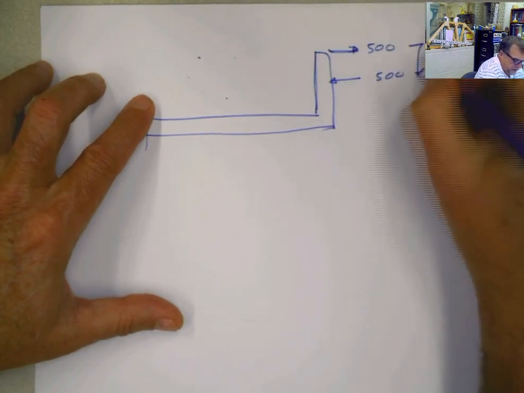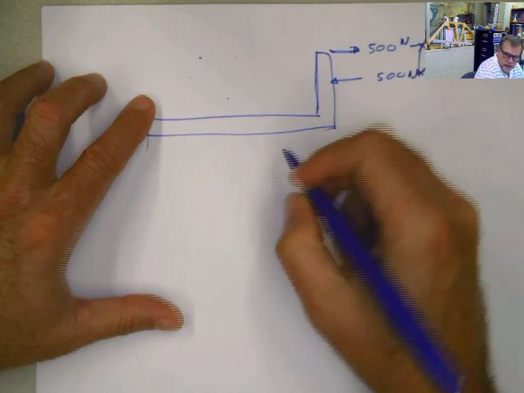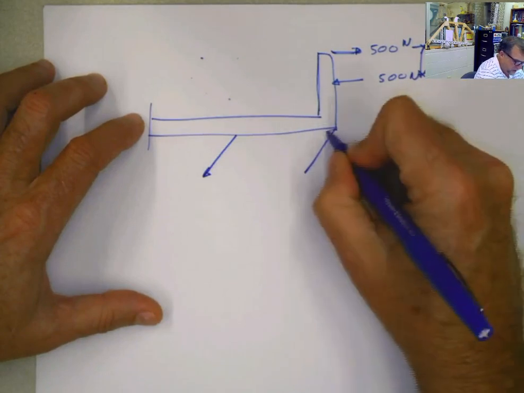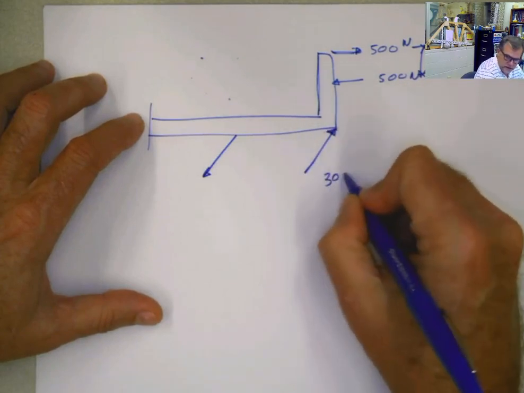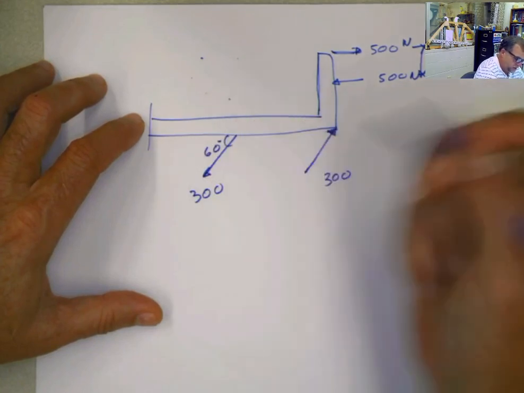This distance is given as 2 meters, and this is Newton. And then on top of that, I have this one here, and I have this one here, and this is 300, and this is 300, and this angle is 60, which is given.